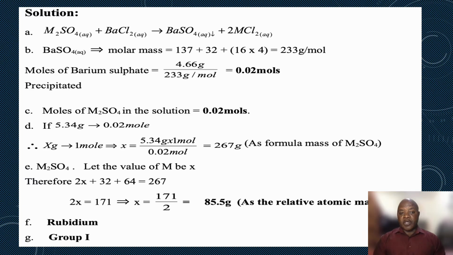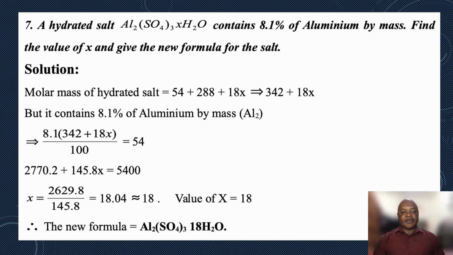So some of these questions are very tricky. You must know how you can solve them. Write your equation. Balance the equation first well. Then use the information that you have been given and arrive at what the examiner wants from you.